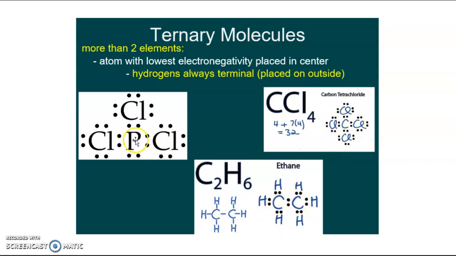In this case, phosphorus is to the left of chlorine. And then we represent pairs of electrons between the atoms, and we distribute the total of electrons in the 3 atoms around, and we get the Lewis representation.